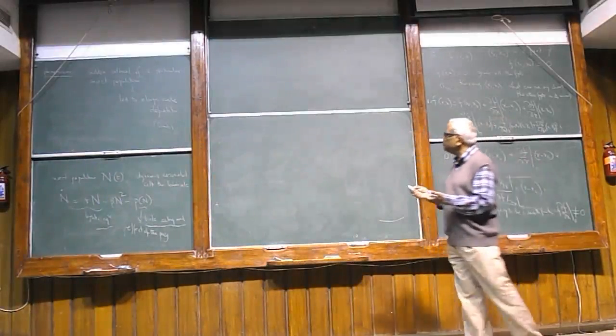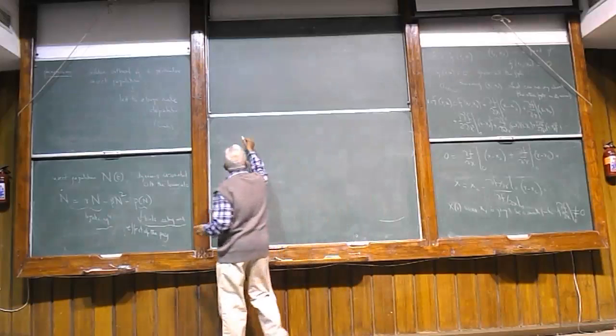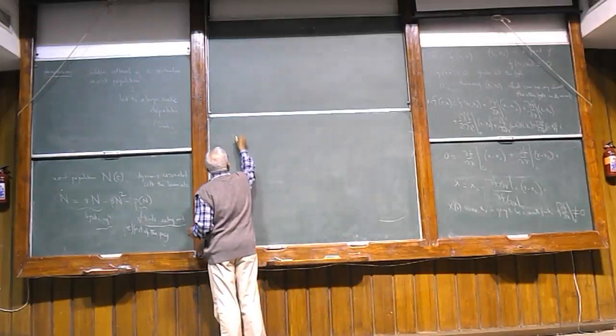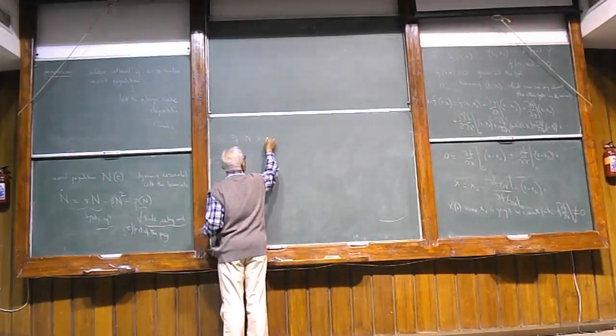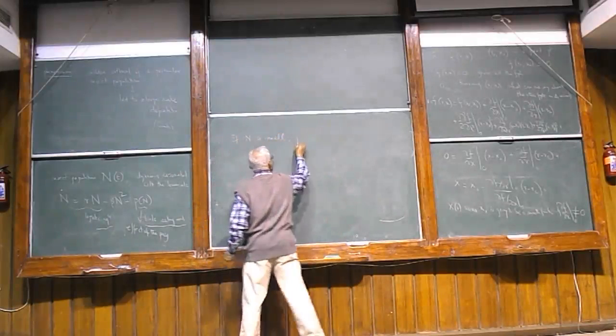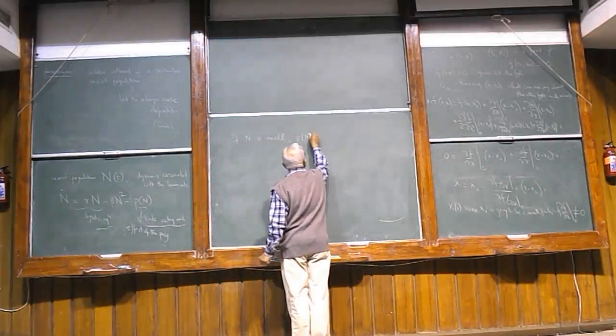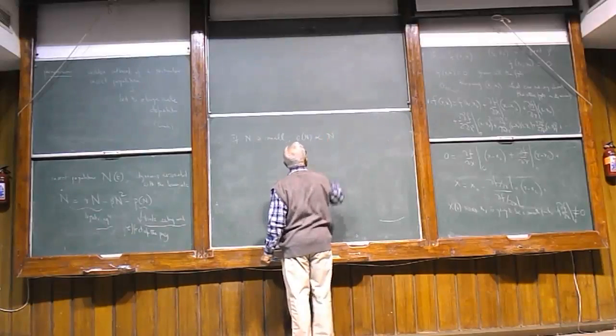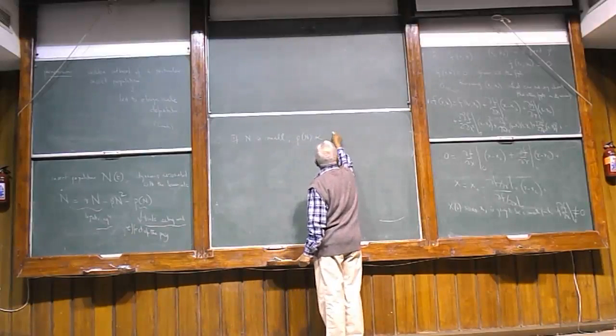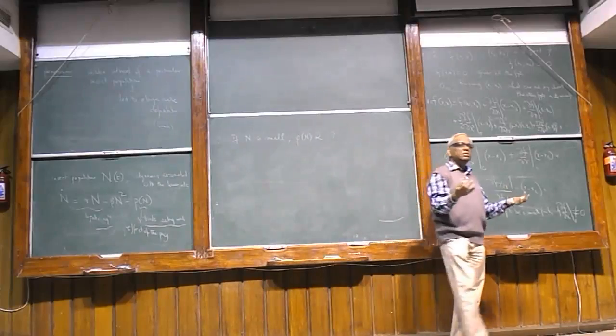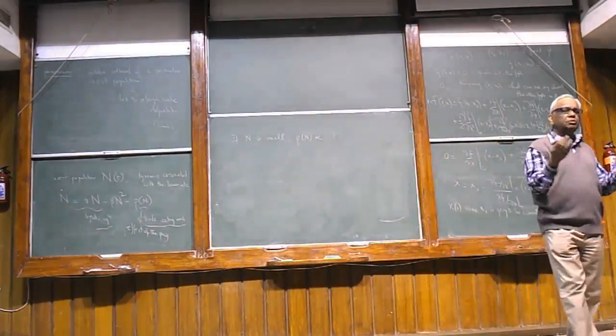This is where, if n is small, P of n proportional to what? The normal tendency would be to say that P of n would be proportional to n.